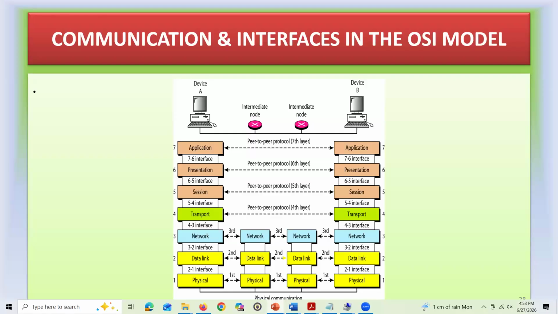It does two main things. One, we have what we call MAC, media access control, otherwise known as physical addressing. Then the second part is the logical link control, LLC.